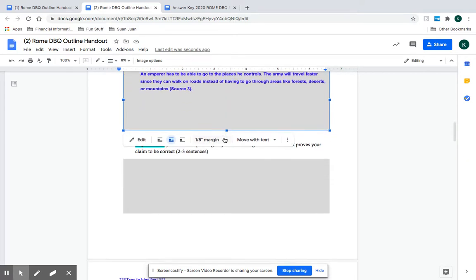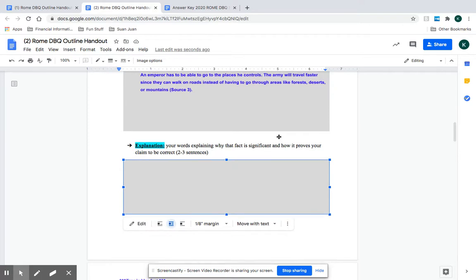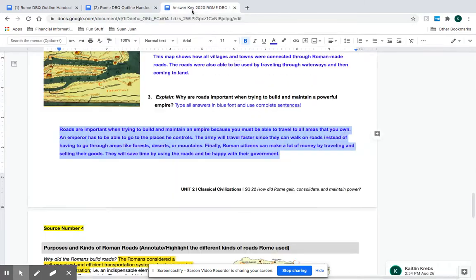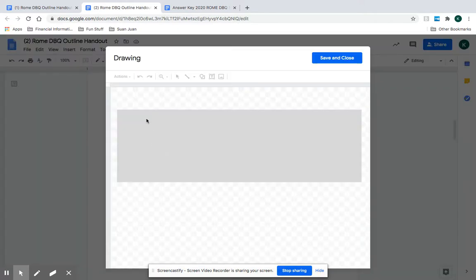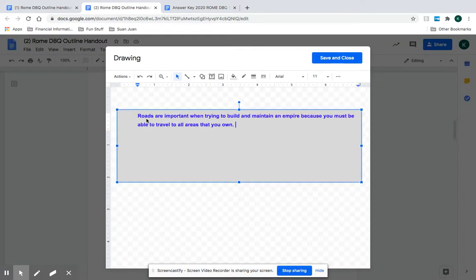So now I need to explain, why is this important? Well, guess what? That first sentence I wrote, it's important because, and I have it right there. So I'm going to copy that and paste here. Roads are important when trying to build and maintain an empire because you must be able to travel to all areas that you own.